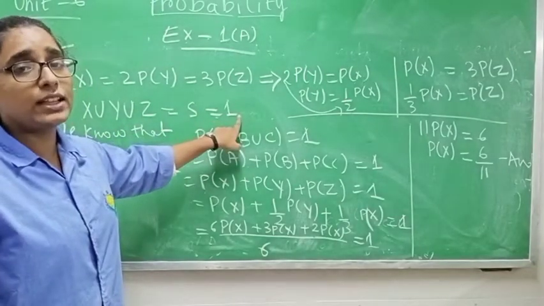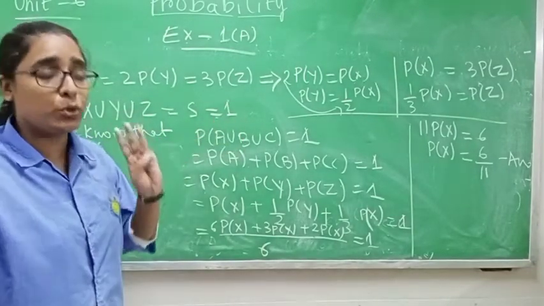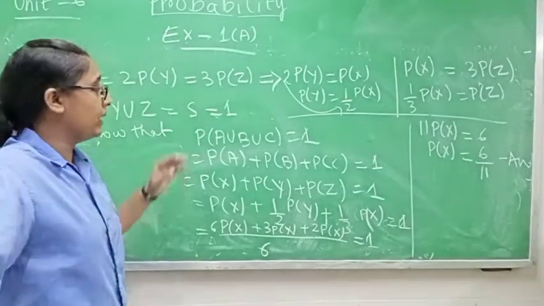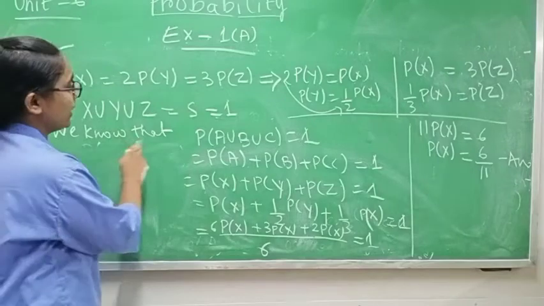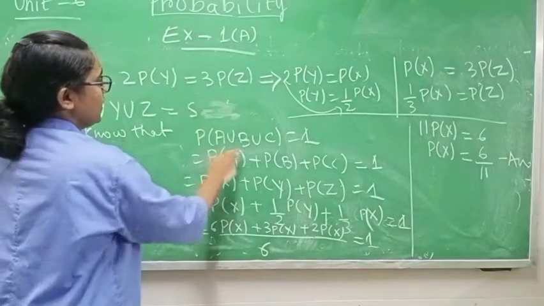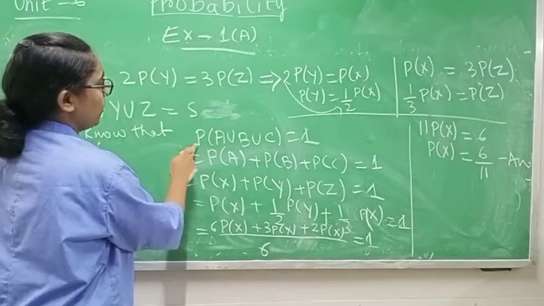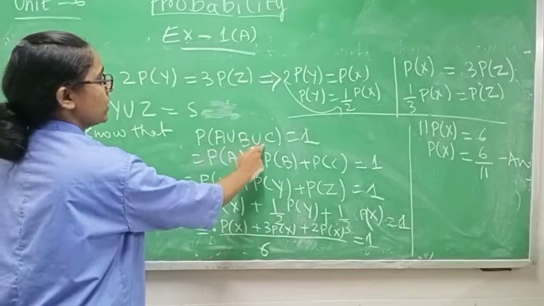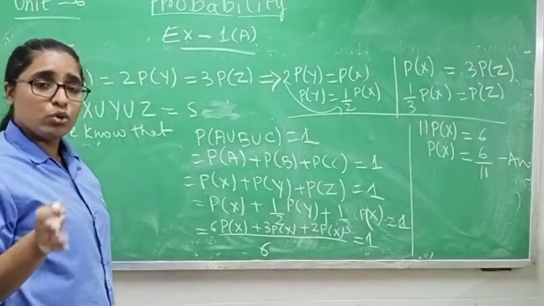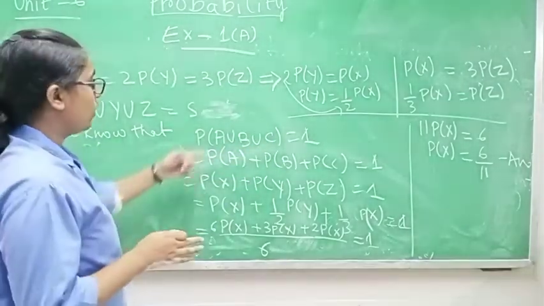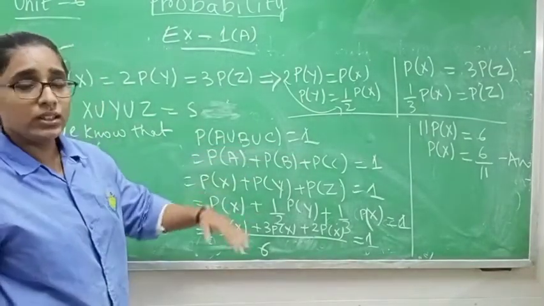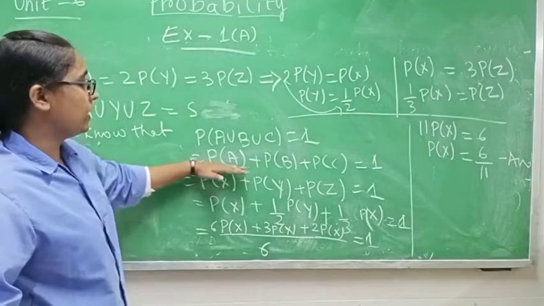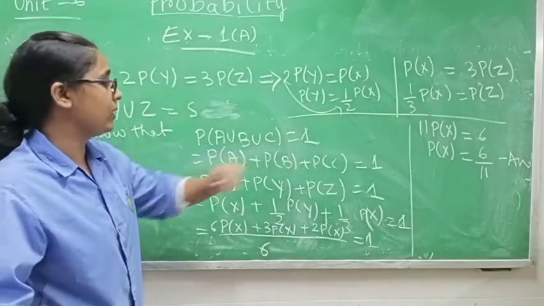Why have I written this? Because the probability of the union of the three events equals 1. Now I am writing the formula. We know that probability of A union B union C equals 1. From the formula page, in place of P(A union B union C) we can break this into addition, so P(A) plus P(B) plus P(C) equals 1.